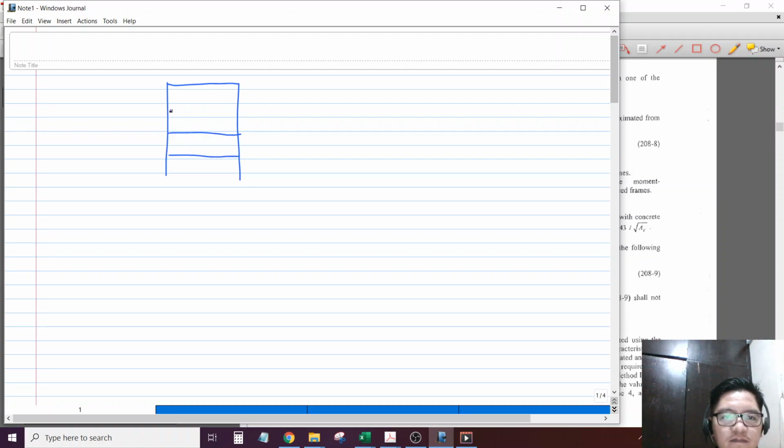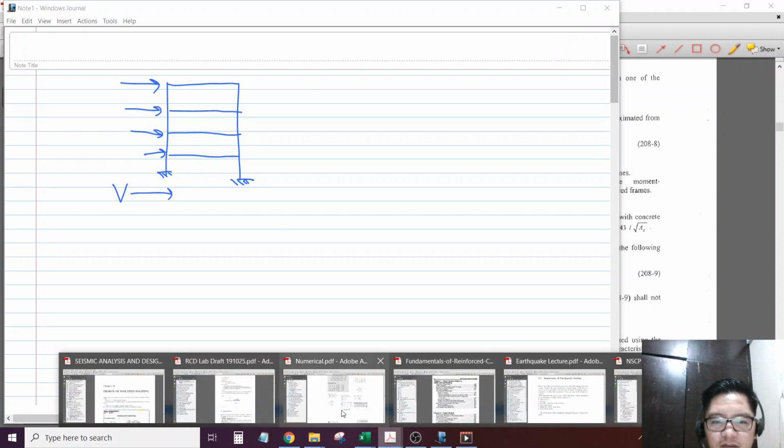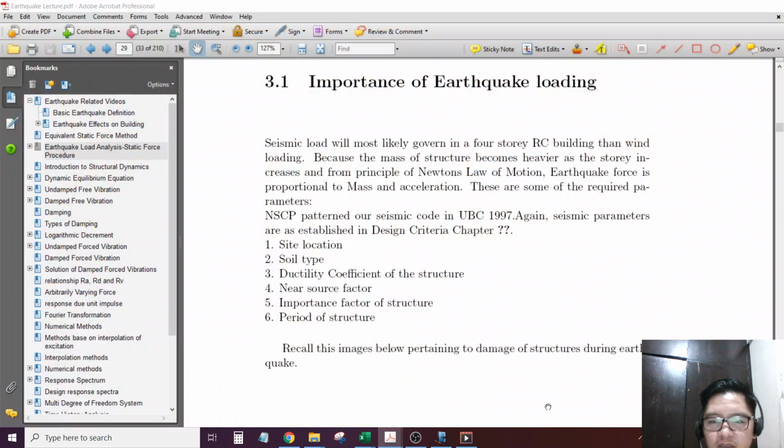So ito yung ating building, so we will distribute that vertically. Okay, kaya nga static force, no? Yung base shear na nakuha mo na mag-act sa building mo, syempre madidistribute vertically dun sa structure. And then may formula yon. What's the formula of that? It's here.